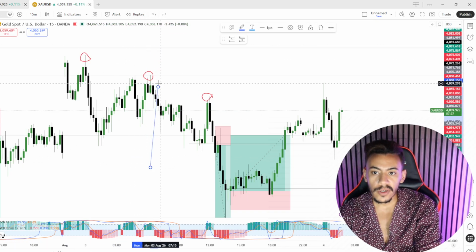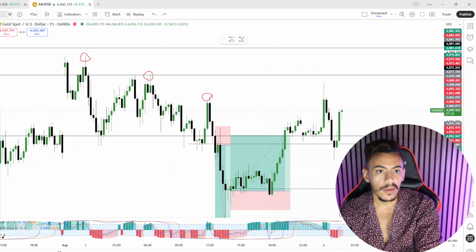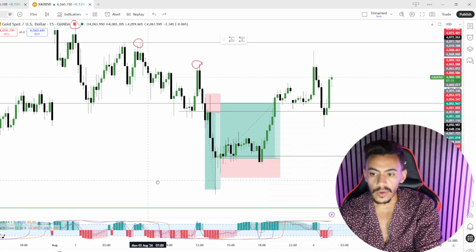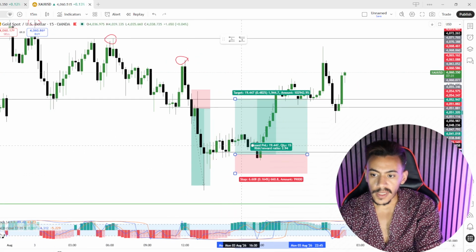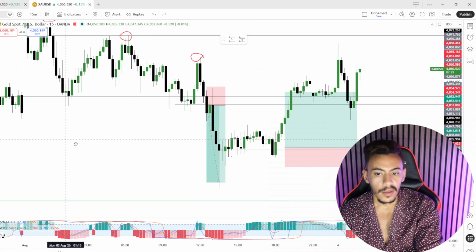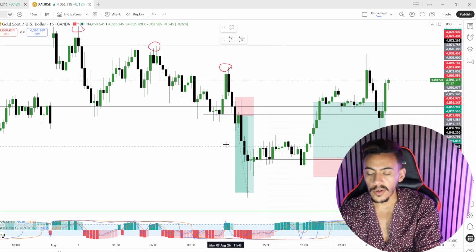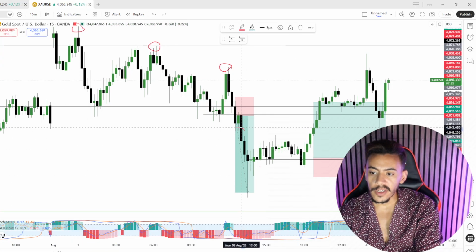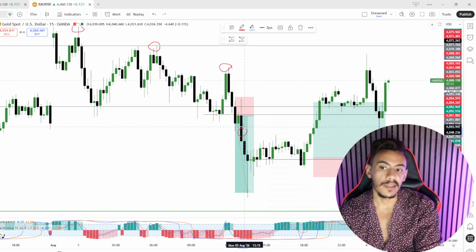If you don't know where your stop loss should go, you can get caught. So if you enter here, for example, because you see the price is moving, where do you think your stop loss is going to be?